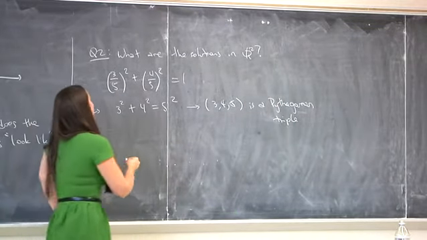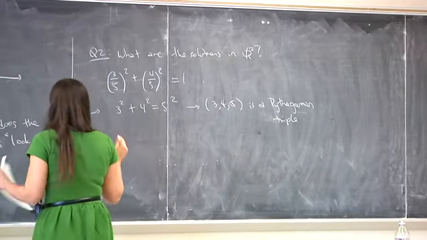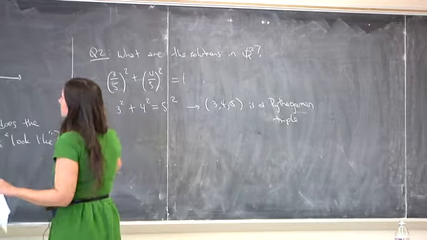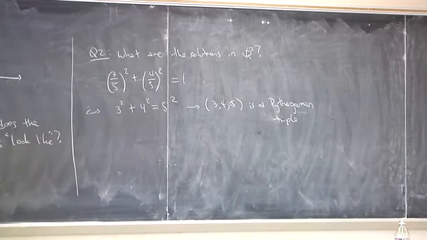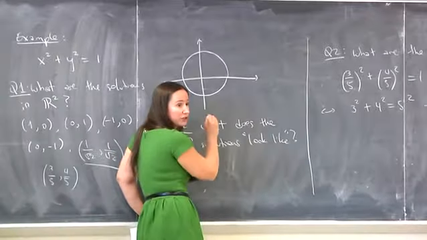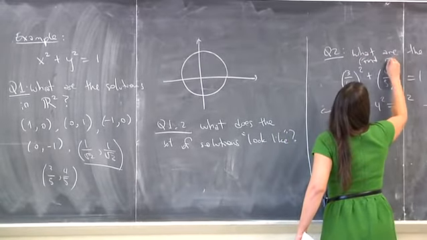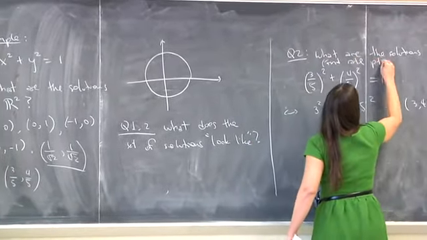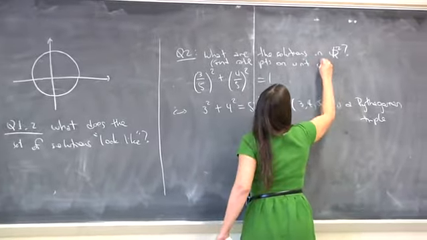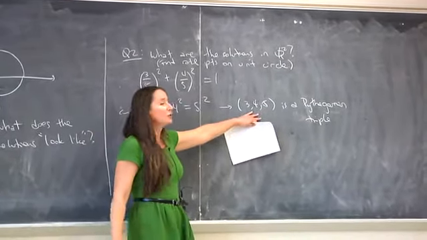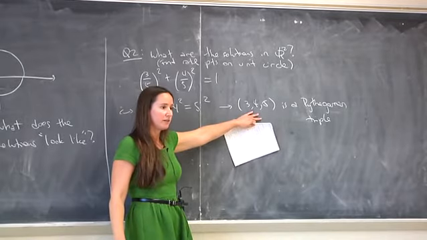And so now we have a different way of thinking of this problem. We have, okay, so we want rational numbers to satisfy this equation, and that is equivalent, by what we just drew, to finding rational points on the unit circle, right? So we are also trying to find rational points on the unit circle. But now we know it's also equivalent to finding Pythagorean triples, right?